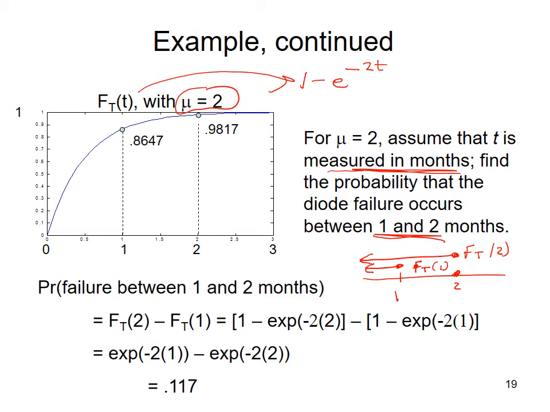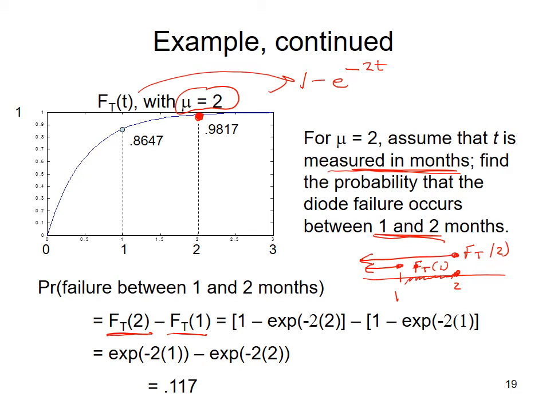And if you take F_T of 2, subtract off F_T of 1, what you get is the probability of being between 1 and 2. So graphically, here's my F_T of 2 number, and I'd have to plug into the equation, and I'm going to do that down here. The probability of failure between 1 and 2 months is F_T of 2 take away F_T of 1. Always capital F of the larger value minus capital F of the smaller.